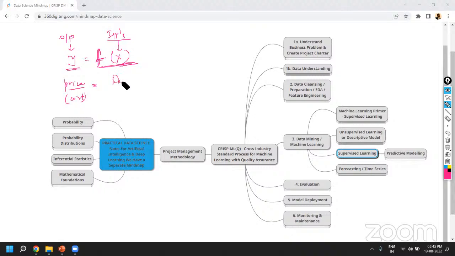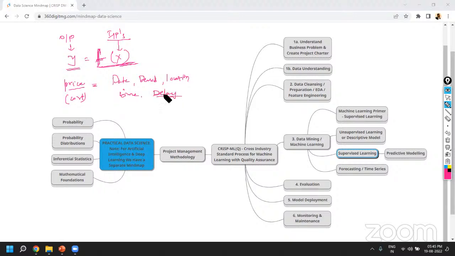The inputs could be the date, the demand, the location, the time. You might also want to look at the delay.